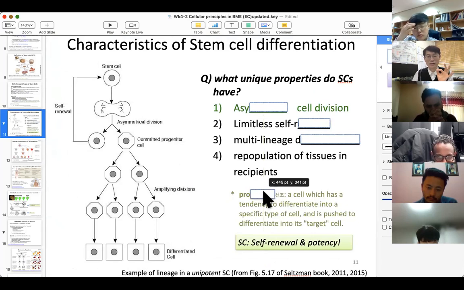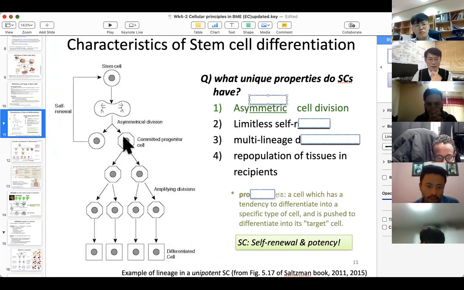So stem cell division is somehow asymmetric. That is the unique property of stem cell differentiation: when it divides, one becomes self-renewing, and that self-renewal is fundamental to keep the stem cells there.